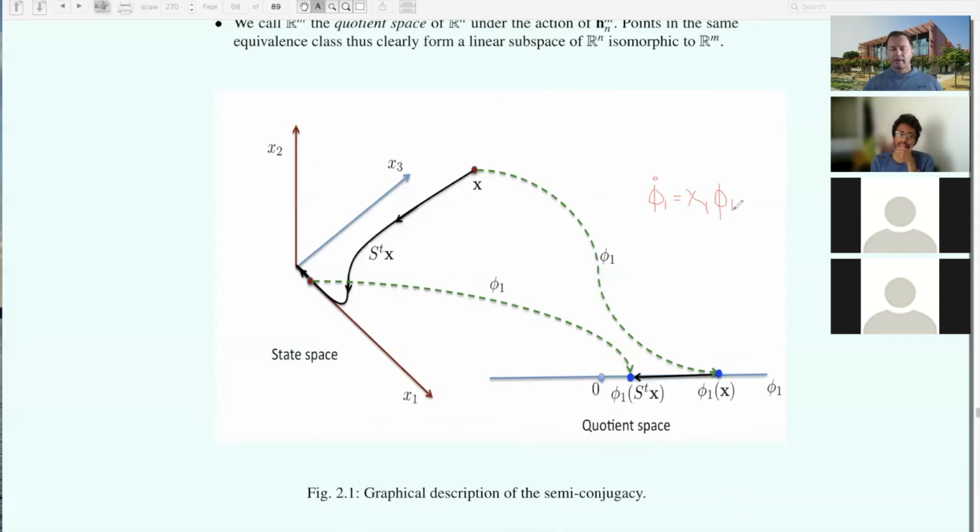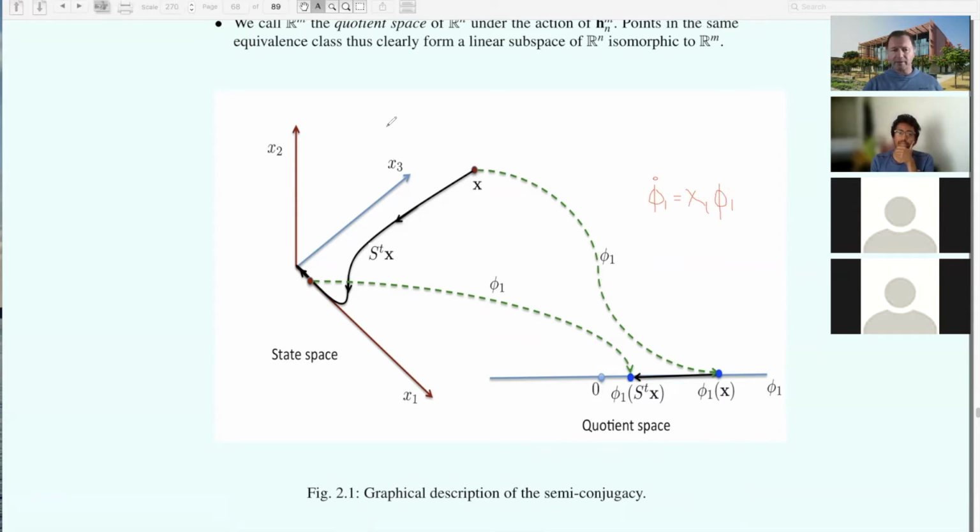So if I know the value of phi_1 at the beginning time, I'll know the value of phi_1 at any later time. And that is valid for any x whose initial value of phi_1 is exactly the same, right?